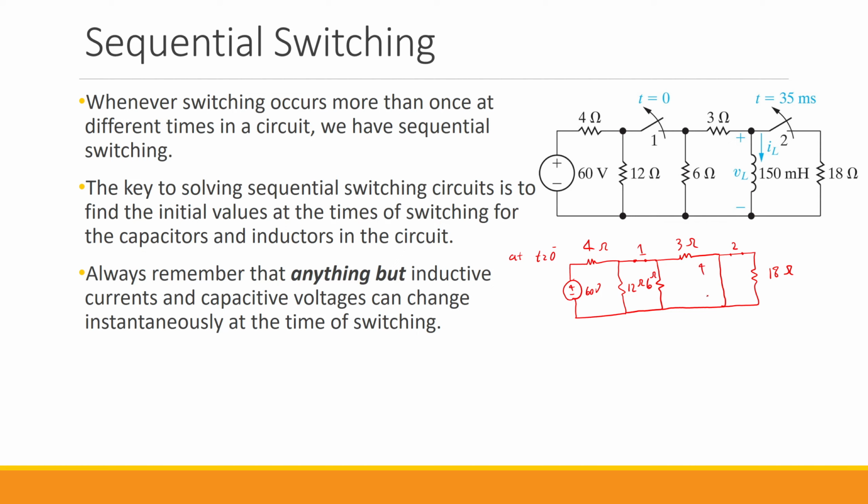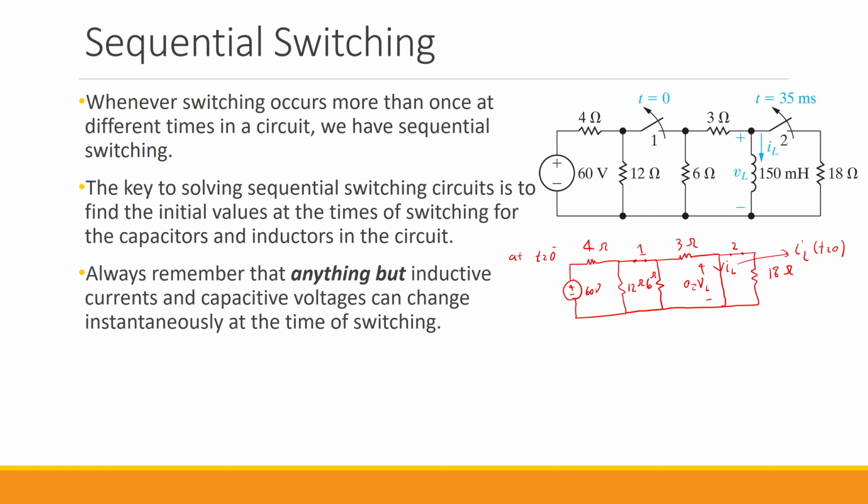So we know that VL is 0, because whenever the inductor is a short circuit, there is no voltage across it. But IL is not necessarily 0. We have this current that we need to find, and this would be the IL at time t equals 0.